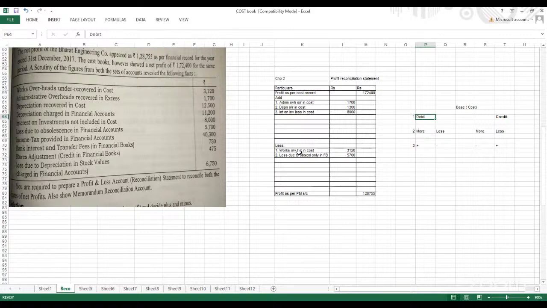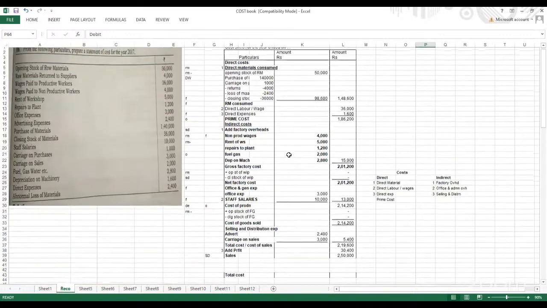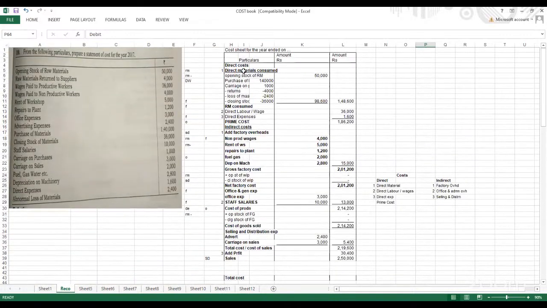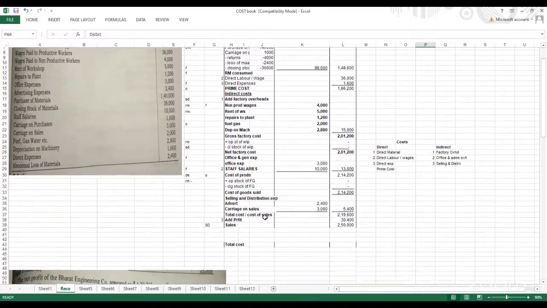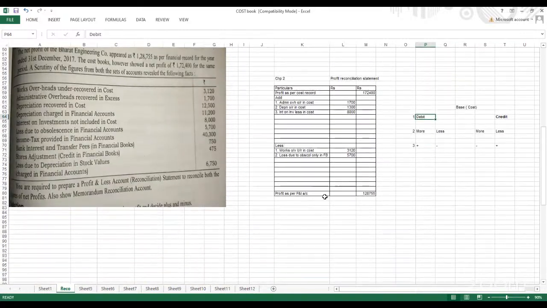In cost we saw just above, we have only these items. Did income tax come anywhere in it? No, it didn't. Did discount come? No, it didn't. So whatever doesn't come in the cost sheet is considered as zero in cost. So income tax, which is never there in cost. Okay, remember. So we start again. Income tax is a debit item and it is never there in cost books, so it is less there.